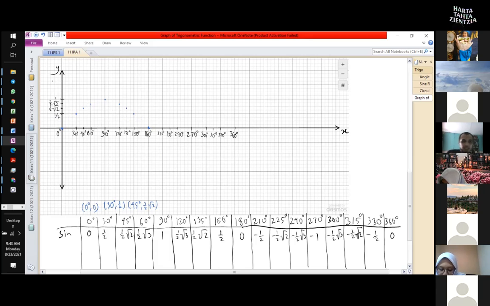Okay, now we have negative, so I haven't labeled the negative y-axis. So we have negative 1/2. The scale is exactly the same as this one. So this is negative 1/2. And then this is negative 1.